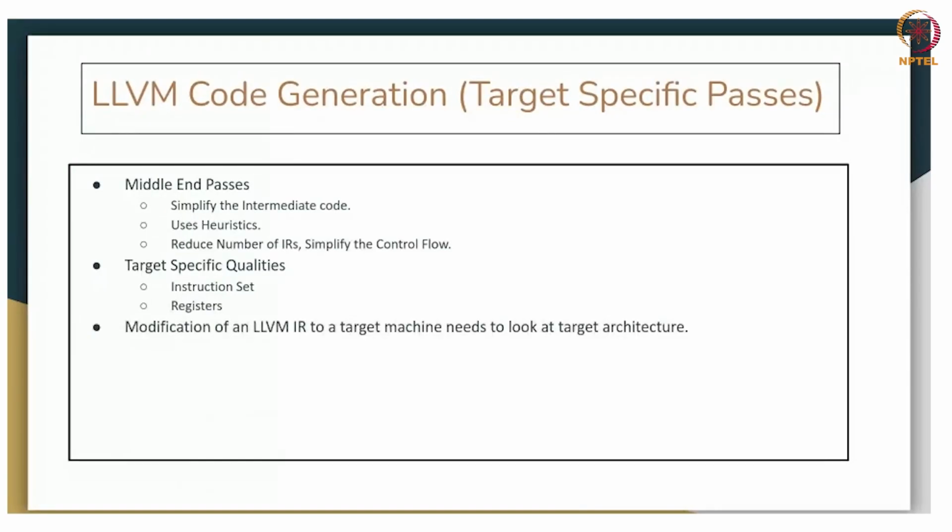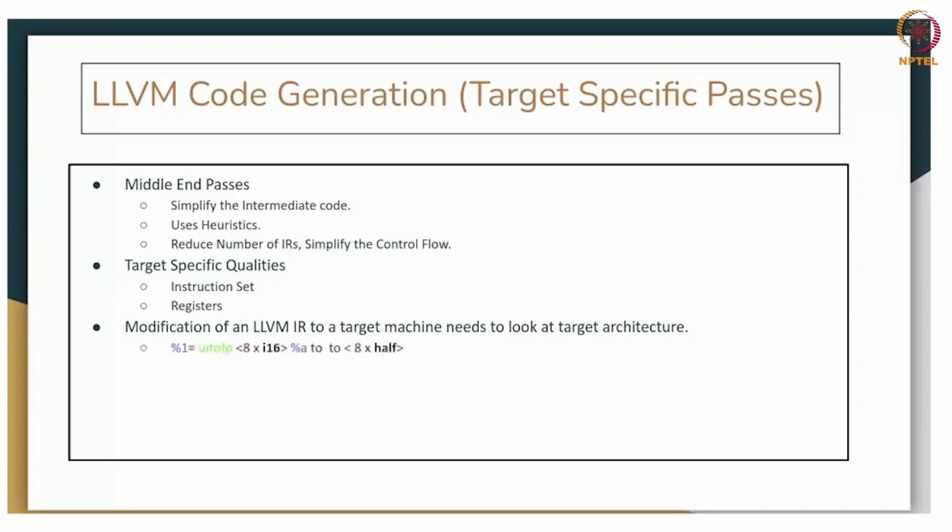So modification of LLVM IR to a target machine needs to look at the target architecture: its instruction set, its registers, and the latency associated with instructions. A detailed understanding of the architecture is required for code generation. But LLVM provides a generic API, a prototype in which you have to implement the target specific passes.